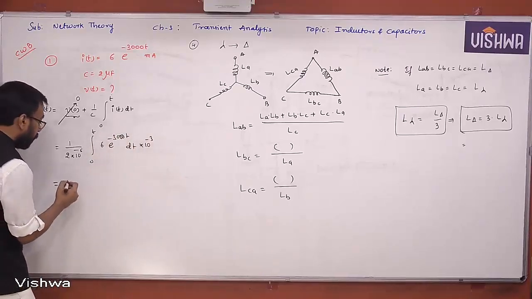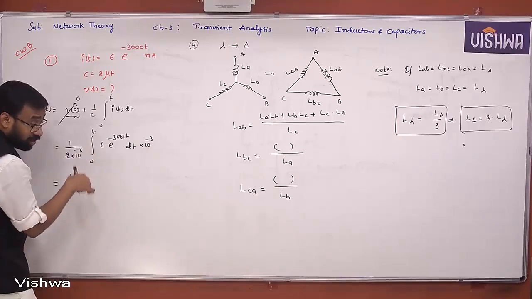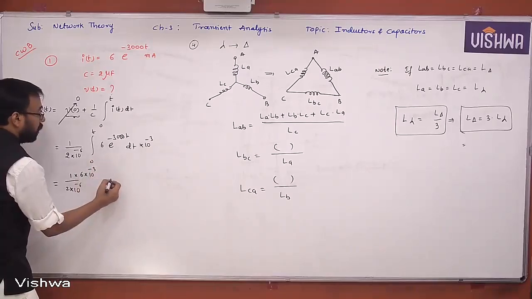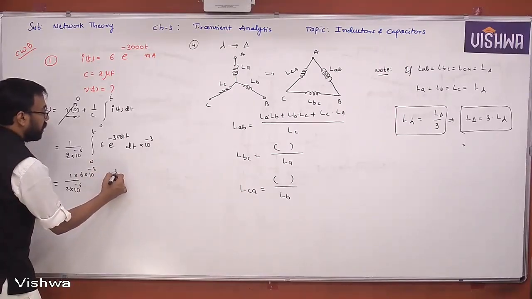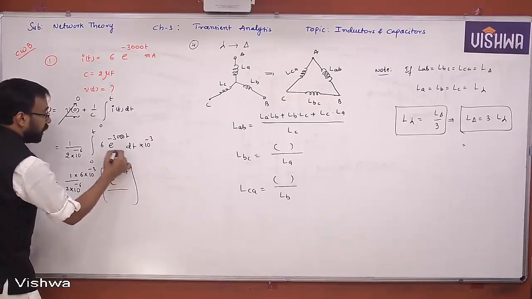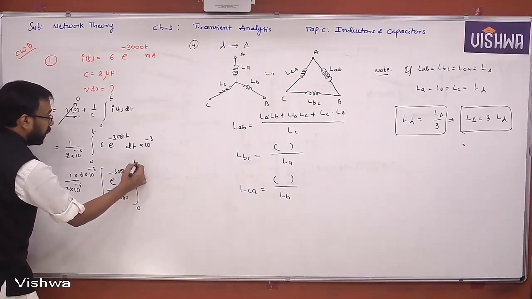Please do the calculation along with me. 6 into 10 power minus 3, now e power minus 3000 t by minus 3000 from 0 to t.